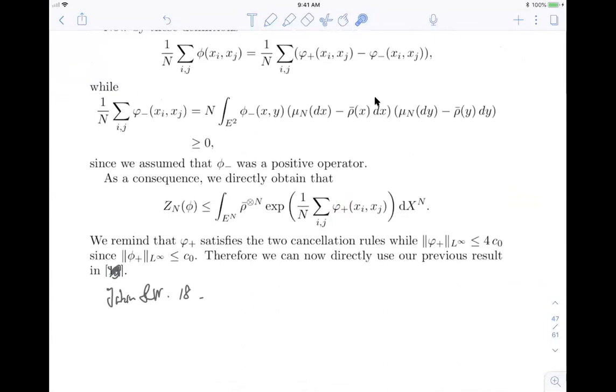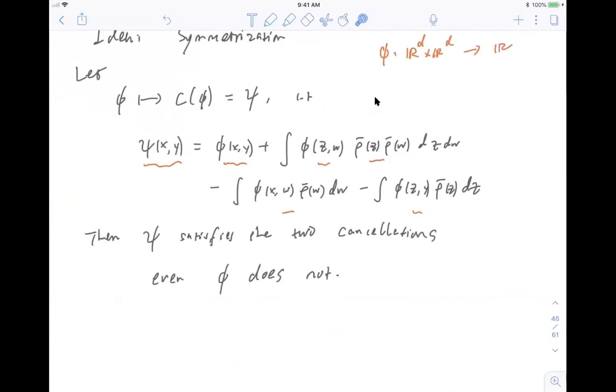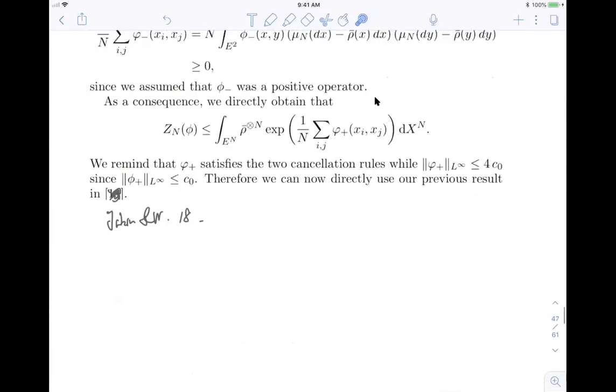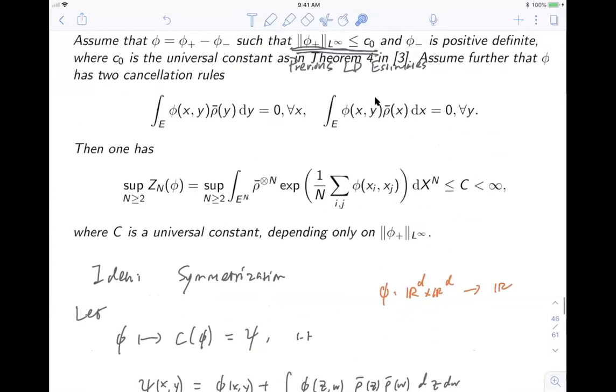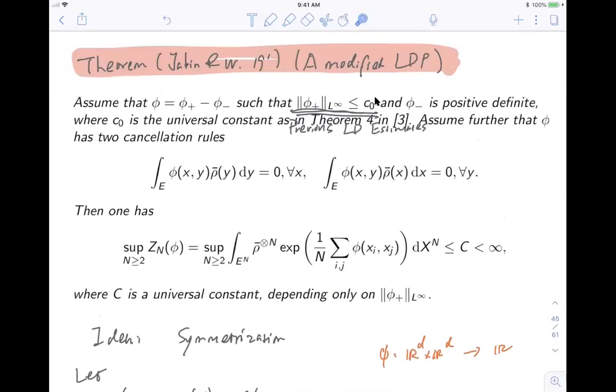And as long as phi plus is less than C0, its symmetrization will be less than 4C0 because it's just a combination of 4 terms here. So as long as phi plus is small enough, we can use our previous estimate because now these terms automatically satisfy the two cancellation rules. Okay, so this is the idea of the modified version of the LDP, large deviation estimate, let's call it.